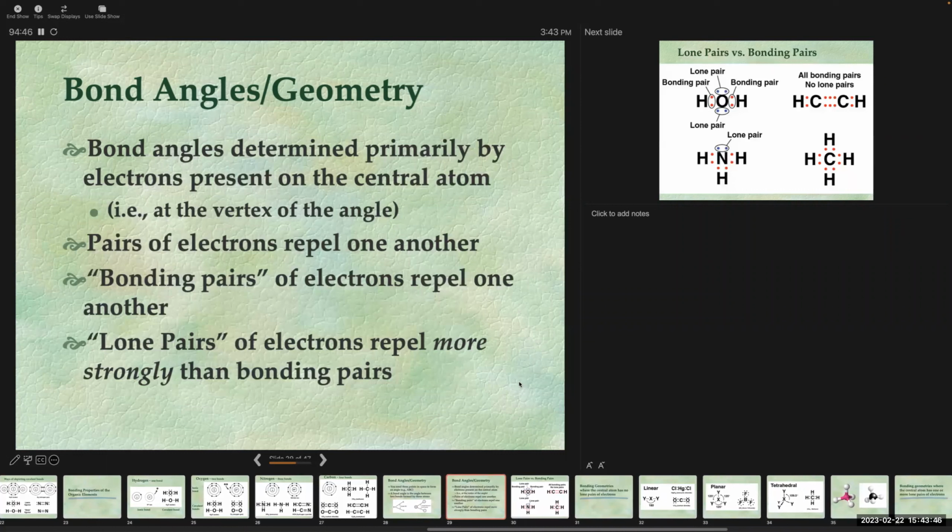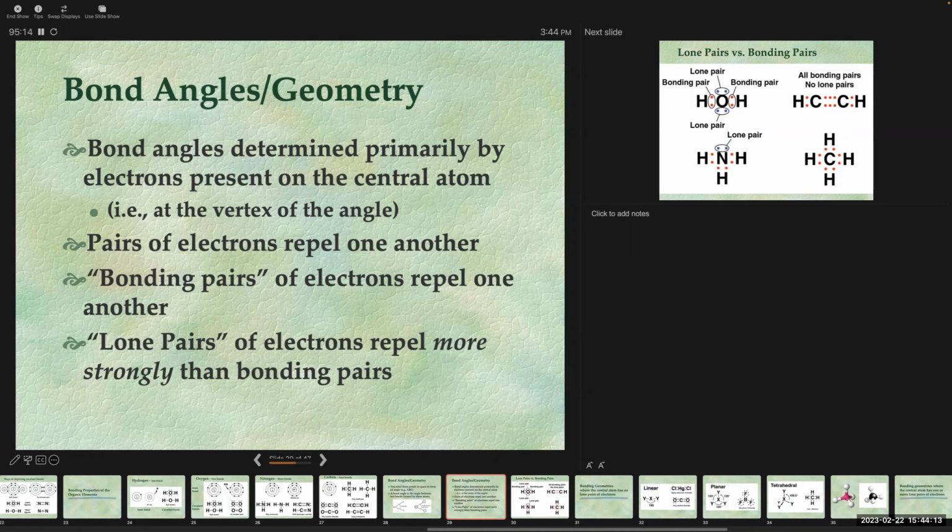Another important principle to keep in mind, and if the screen will ever update, well, there we go. Another important thing to keep in mind is that things that have the same charge repel each other. They push one another apart. So remember earlier, I said that in an ionic bond, a negative charge is attracted to a positive charge.